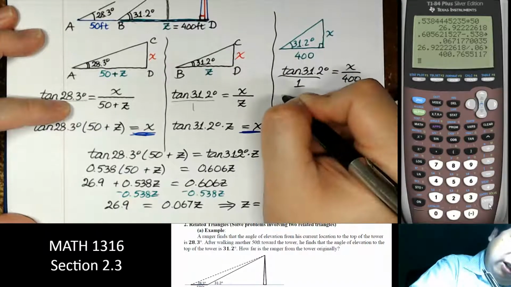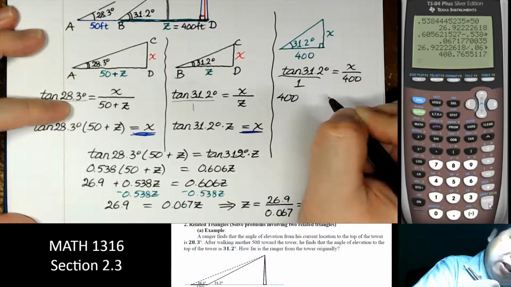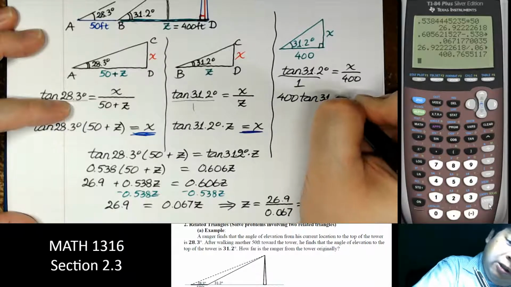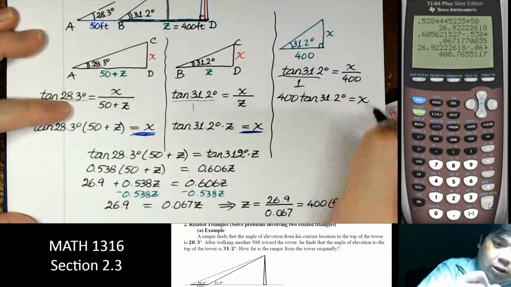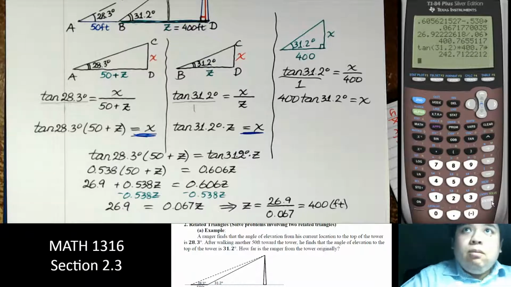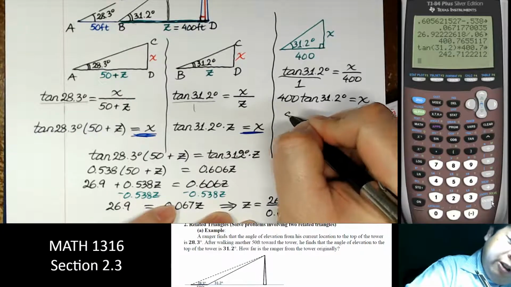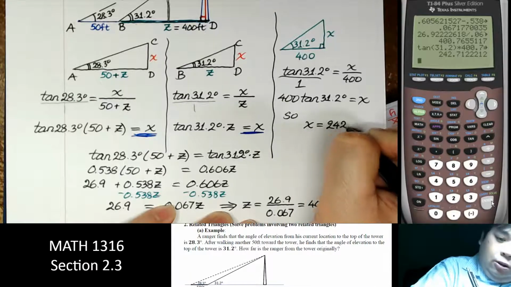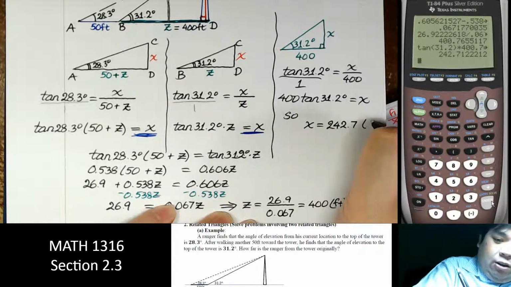Cross multiply. So we have tangent of 31.2 degrees times 400, that number, we have 242.7 feet.